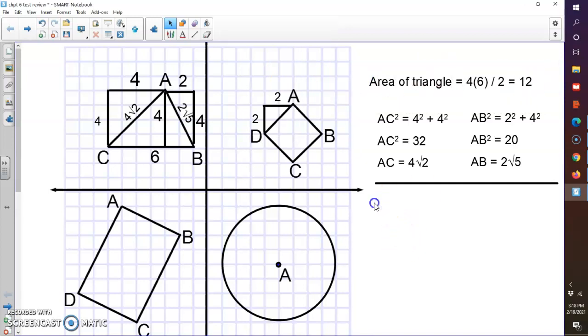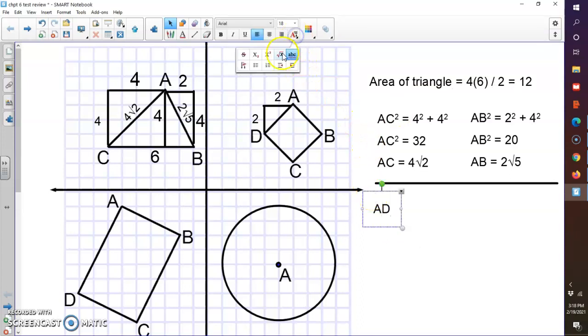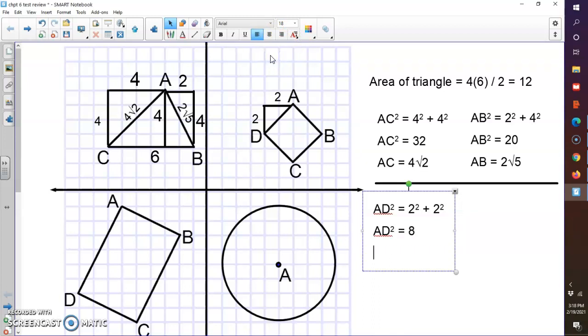Okay, so the area of my square, I need to find the length of one side. So AB squared is going to equal 2 squared plus 2 squared. And therefore, AD squared equals 8. My AD then is 2 root 2.